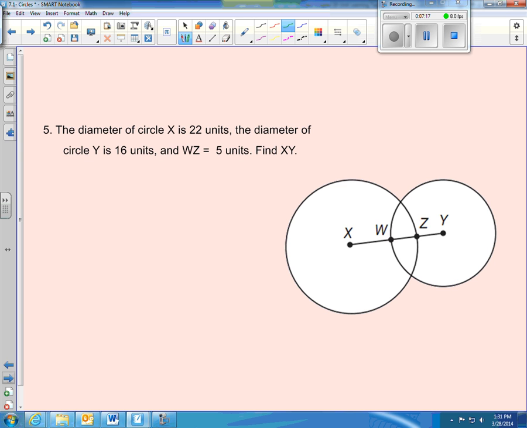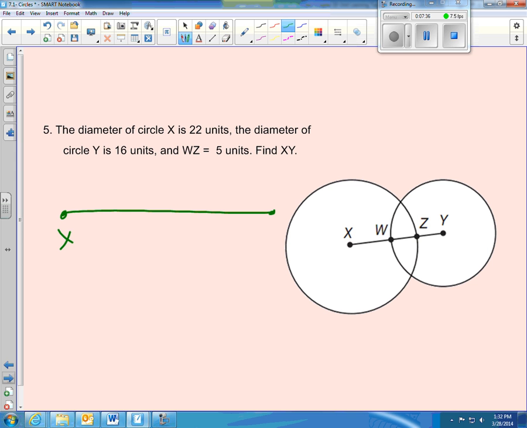All right, let's try that again with this problem here. It says the diameter of circle X is 22, and the diameter of circle Y is 16, and WZ is 5. Find XY. So this time we're looking for the whole distance. So let's fill in what we've got here.